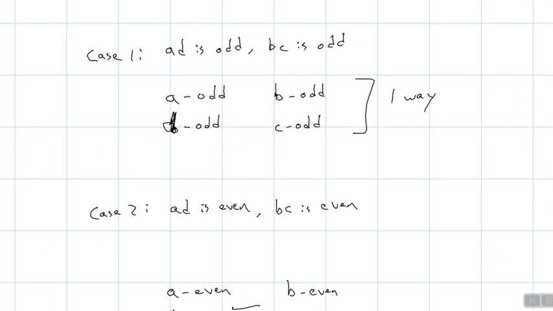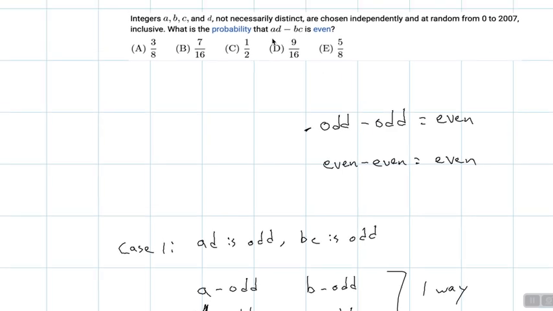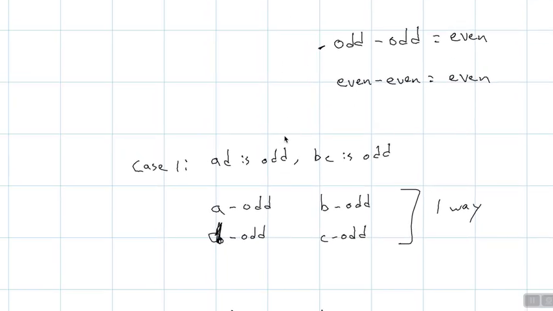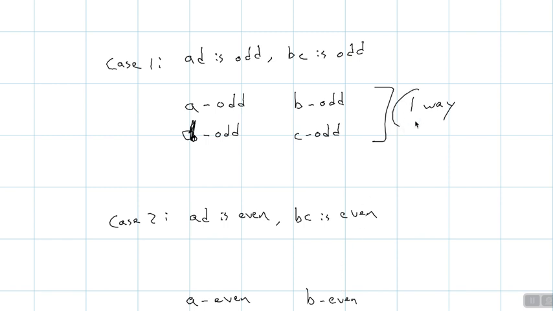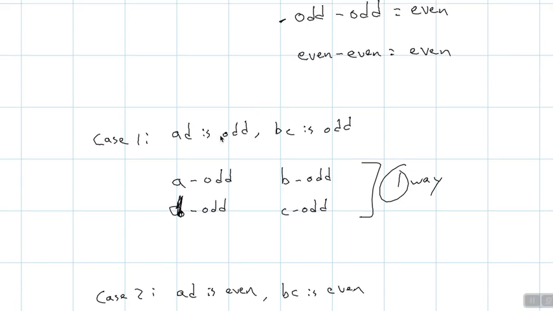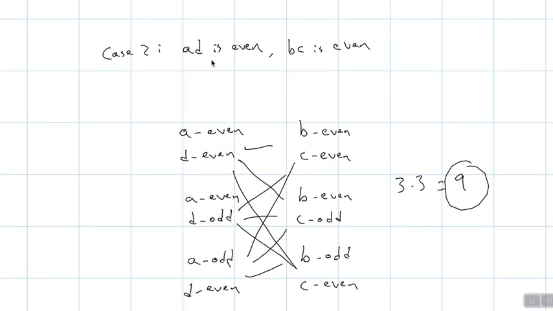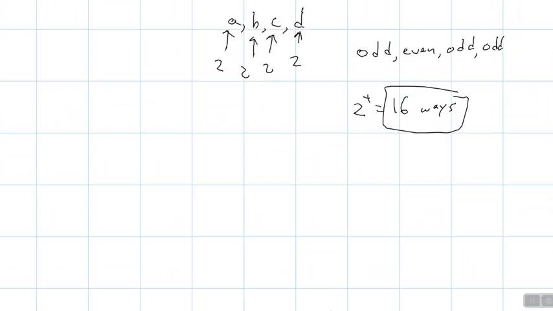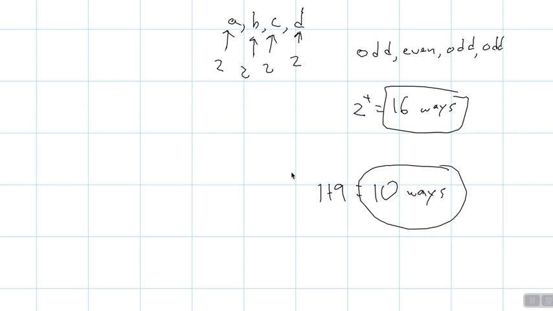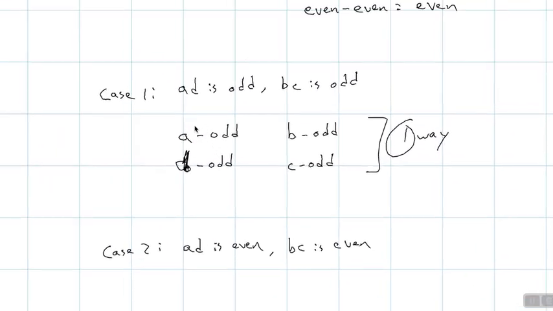And so, looking at situations when AD minus BC is even, we found one way in this first case when AD is odd and BC is odd. And we found 9 ways when AD is even and BC is even. So in total, there are 1 plus 9, 10 ways for AD minus BC to be even.